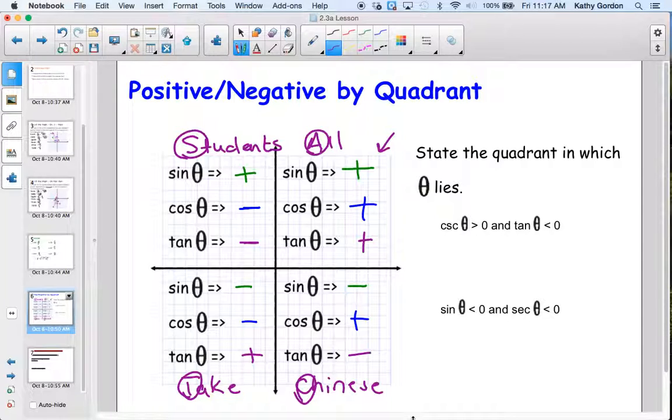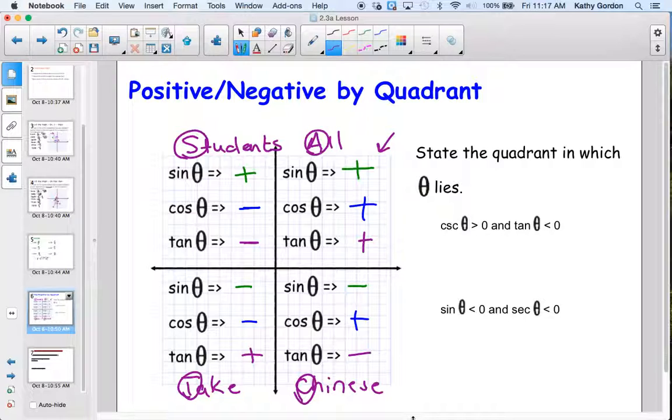So if I tell you that the cosecant is positive, if I only told you that, could you tell me what quadrant we were in? If I only told you that I know the cosecant has to be positive, could you narrow down which quadrant we were in? Which one?